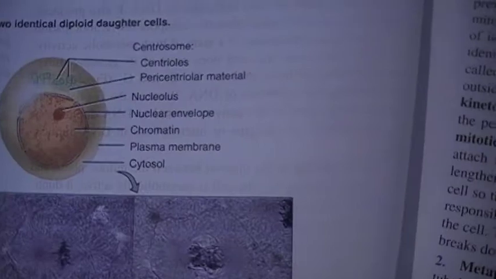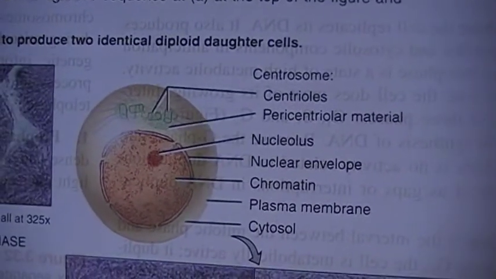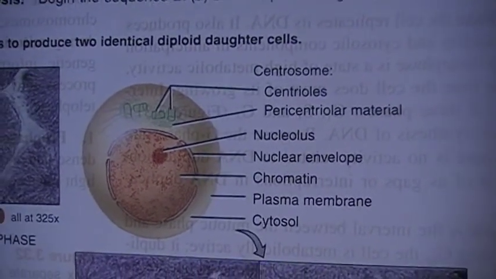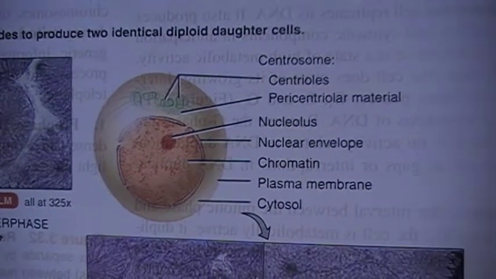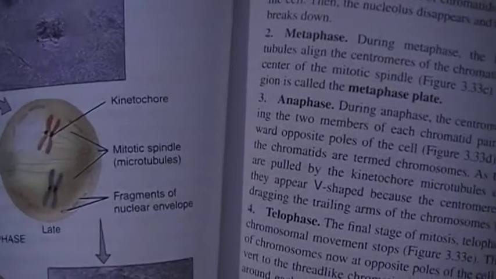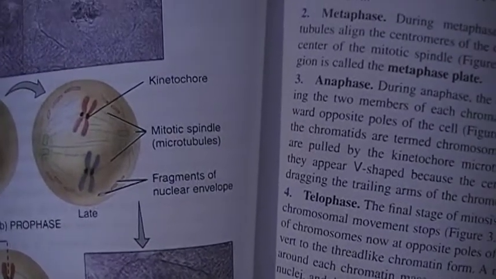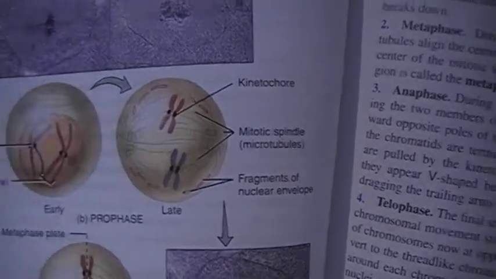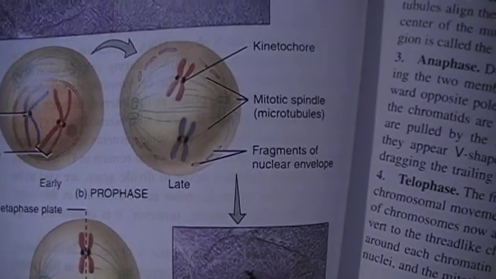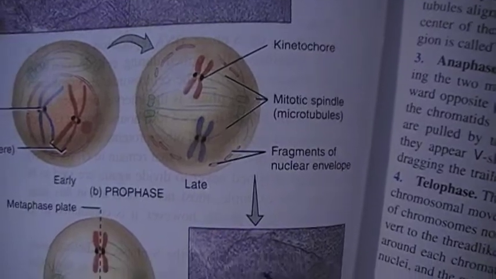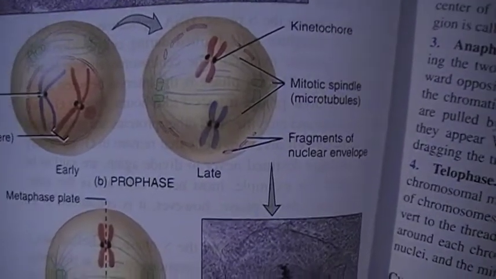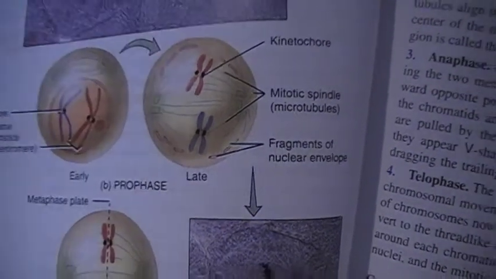So in the interphase you can see here the spindles, and you can see the centrioles. And here you can see the mitotic spindles. So we're looking at early still.